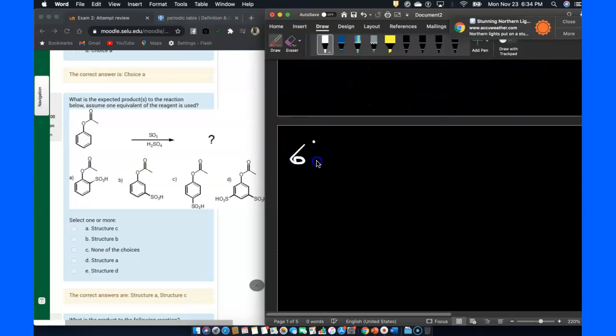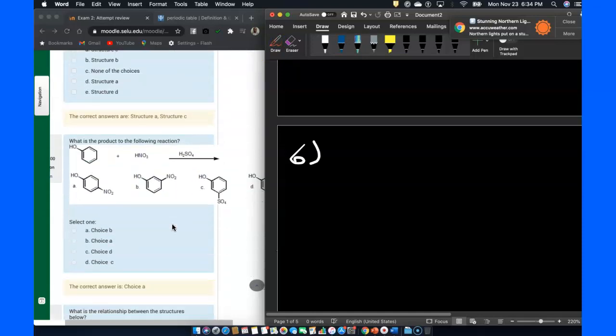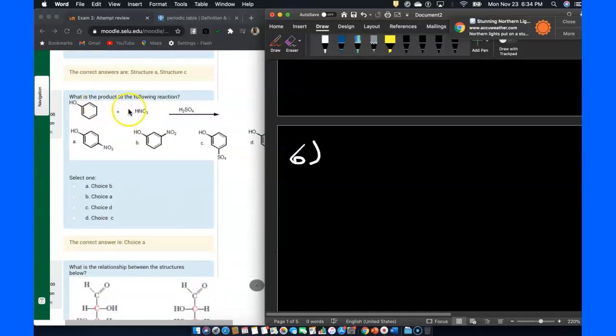So let's do question 6. What is the product of the following reaction? This is a nitration reaction. And I again see that I have OH. We by now know that OH is an EDG and it's a strong one because it's donating by resonance.